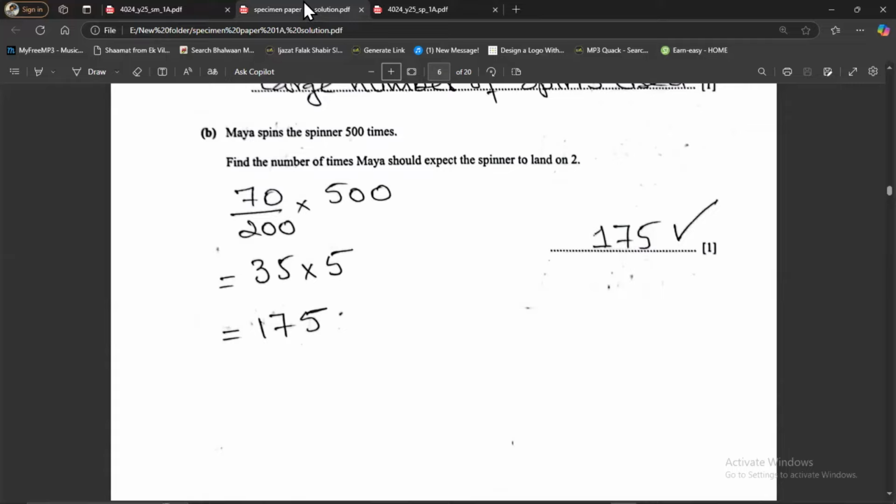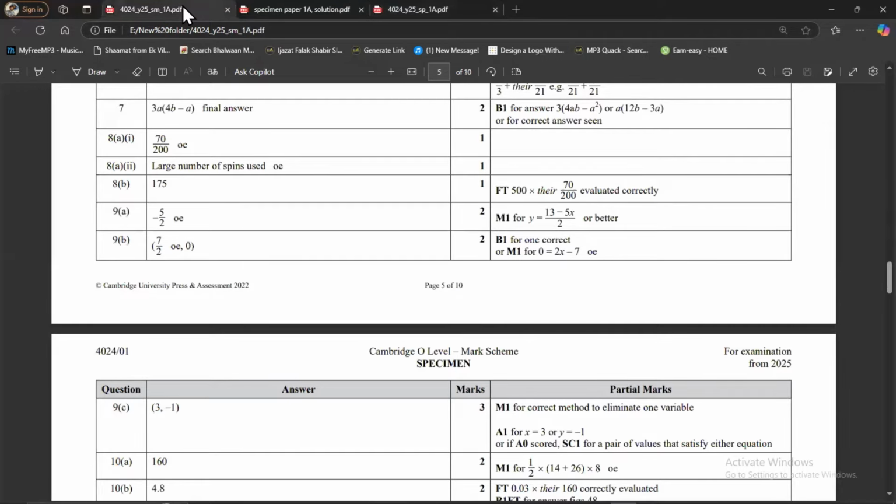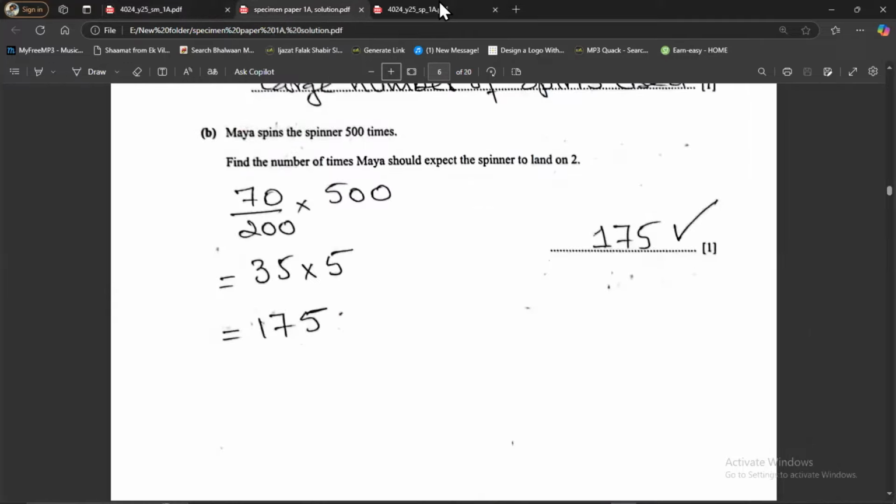The method is very simple: 70 divided by 200 multiplied by 500. So that's 35 multiplied by 5, and that's 175. So 175 times. If you spun the spinner 500 times, the frequency that it will stop on the 2 is 175 out of 500. So 175 is the answer, sir.